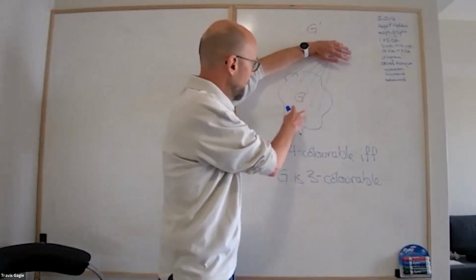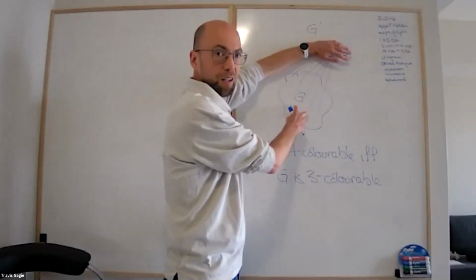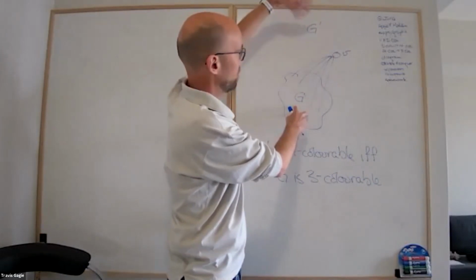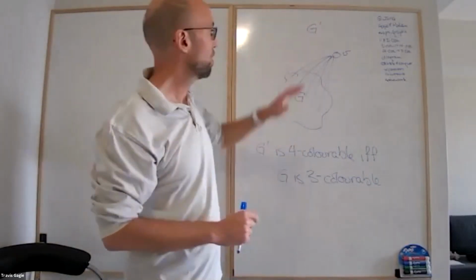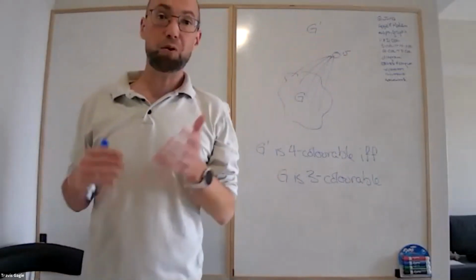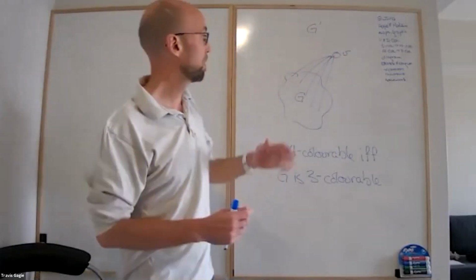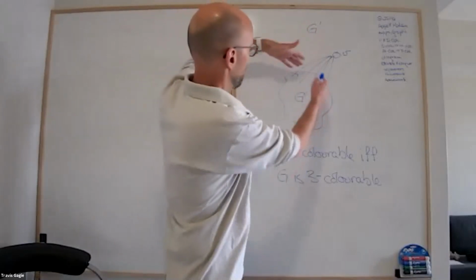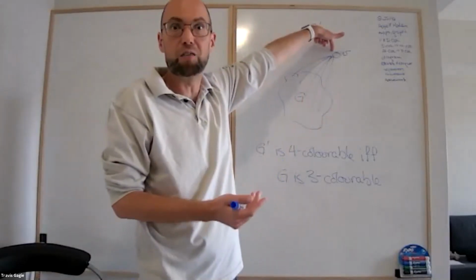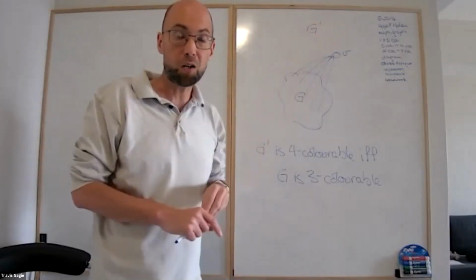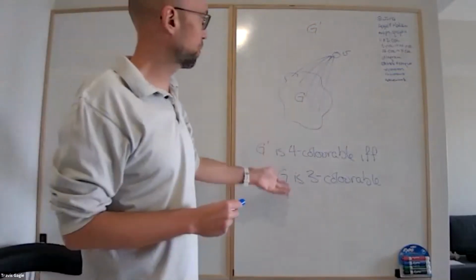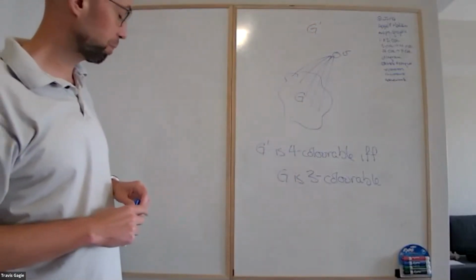Because if there were an edge with two endpoints the same color, then that same edge would have two endpoints the same color in G prime. So if G prime is 4-colorable, then G is 3-colorable. Now suppose that G is 3-colorable. Then G is all 3-colored, and you just use the extra color for V. So this is a super simple reduction.